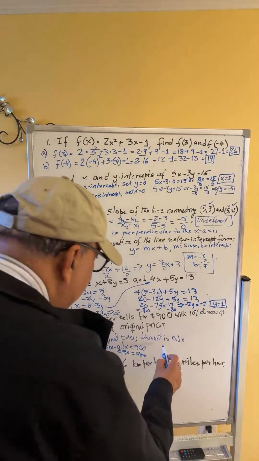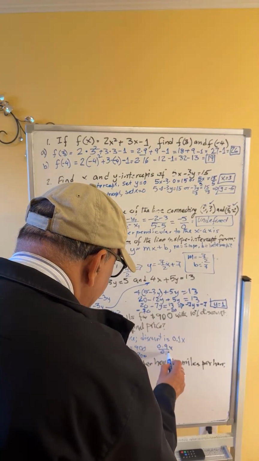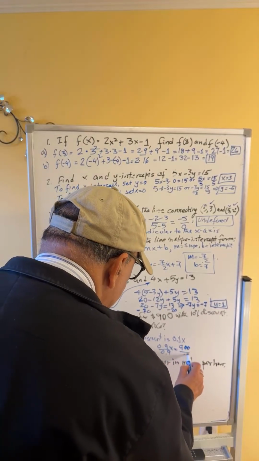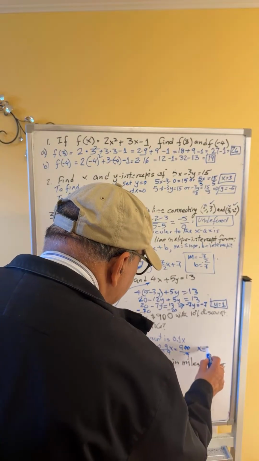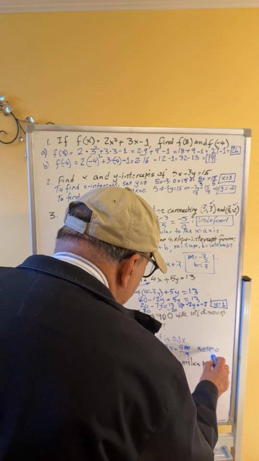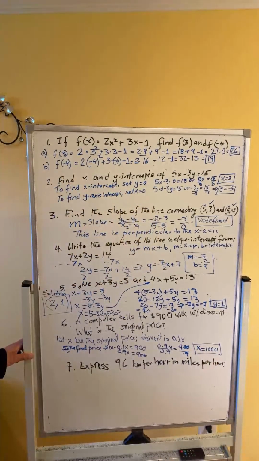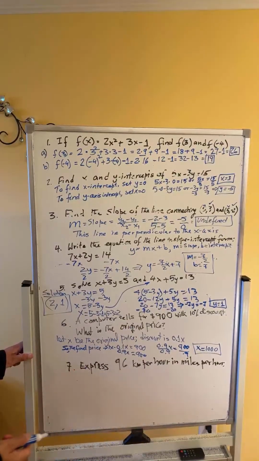Okay, now divide by 0.9 on both sides, x is equal to 900 divided by 0.9. If you use your calculator, it will be $1,000. So this is the original price. x is $1,000. 10% of that is $100. You give that discount. 1,000 minus 100 is 900, the discounted price.